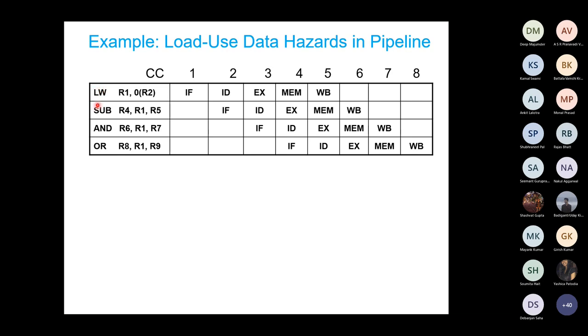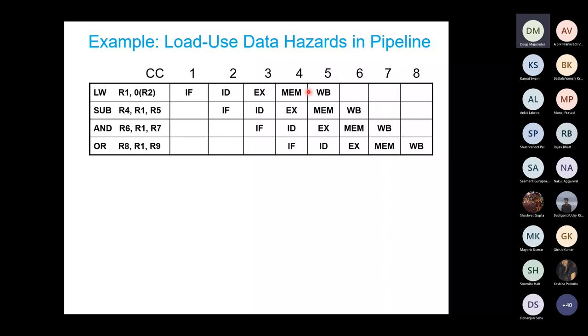Which one is more difficult? If I have an add instruction here, and in this example you have a load instruction here, which hazard is more disturbing? Sir, the second one. The second one, because the data comes after the 4th stage.